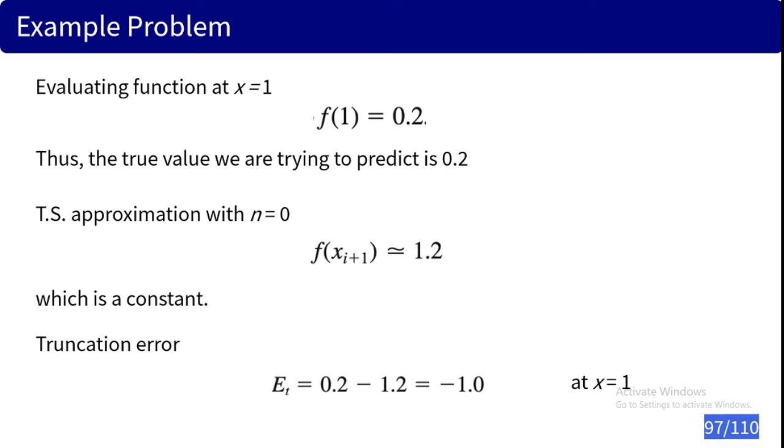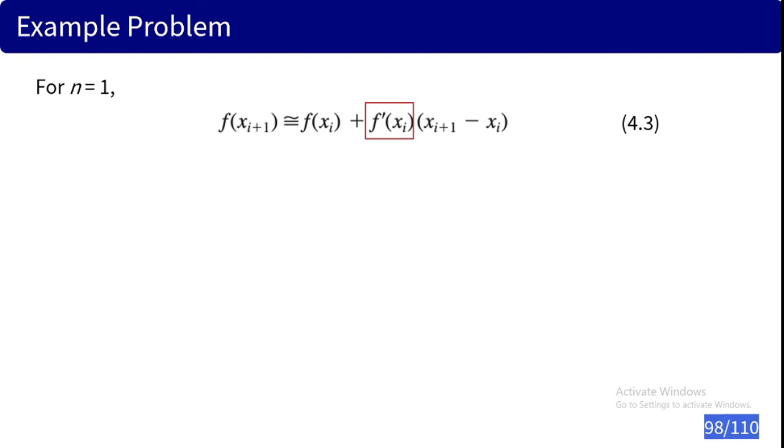Truncation error is equal to 0.2, katong f of 2, katong true value na to, minus sa zero order approximation na to, which is negative 1. Okay. So let's proceed to the first order approximation at n is equal to 1.